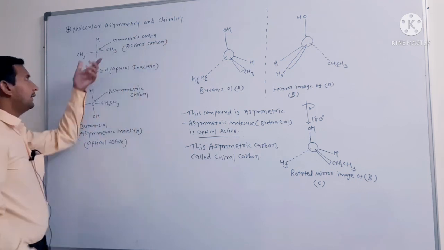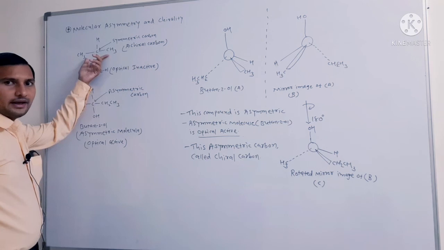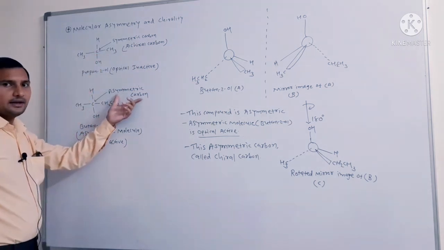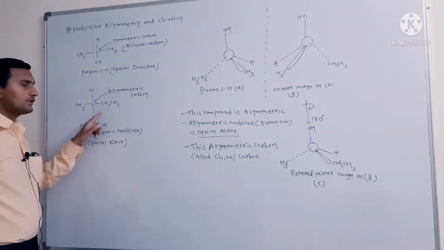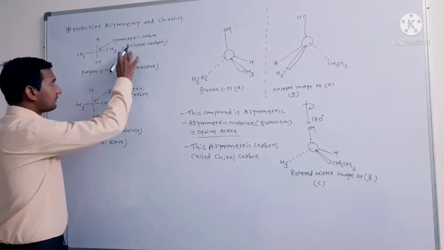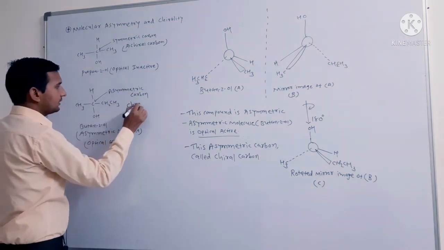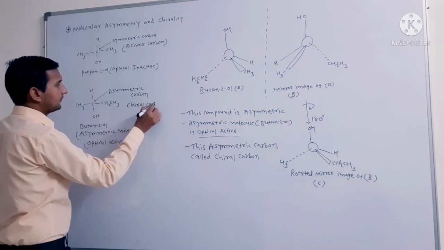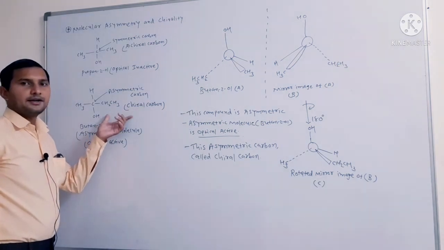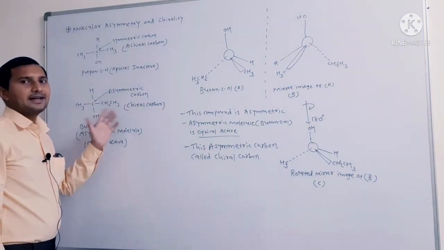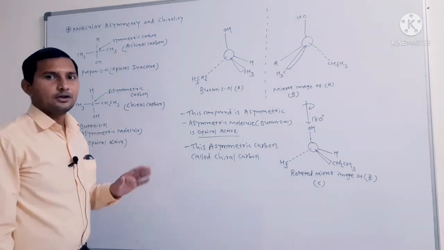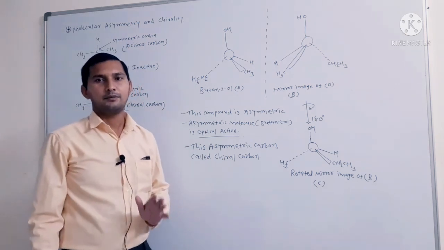Achiral means it has at least 2 identical groups in the tetrahedral structure of the organic molecule. And this other carbon is asymmetric. Asymmetric means the 4 groups are not the same, meaning different. So this is called a chiral carbon. A molecule containing a chiral carbon is known as chiral. This one is achiral. So they are related to optically active compounds.